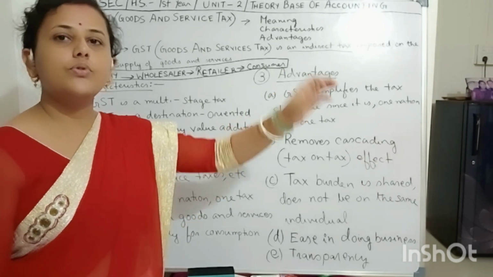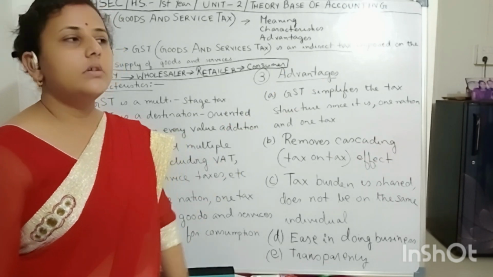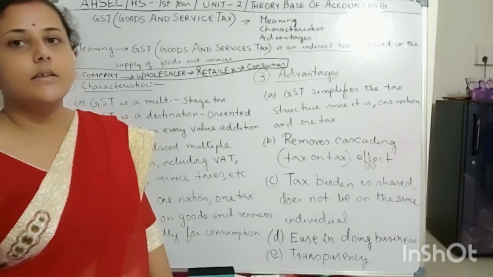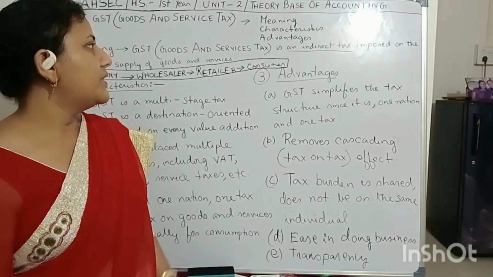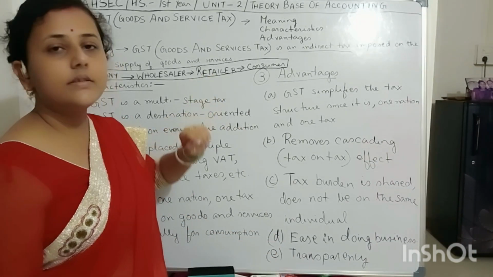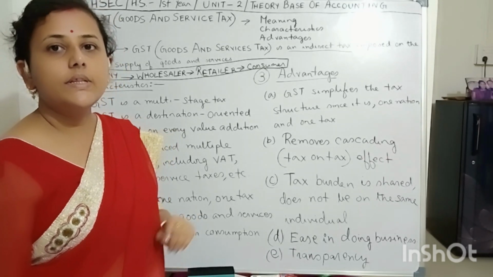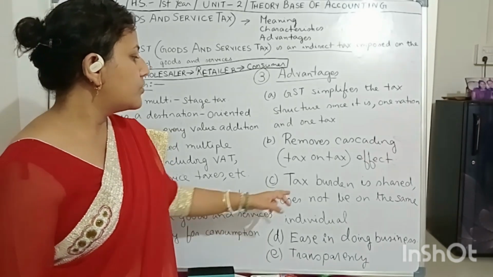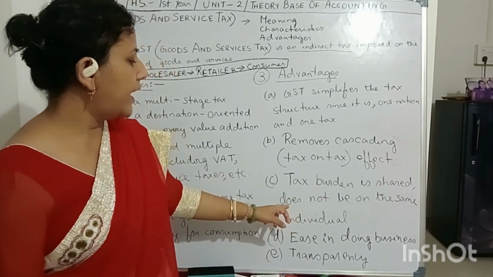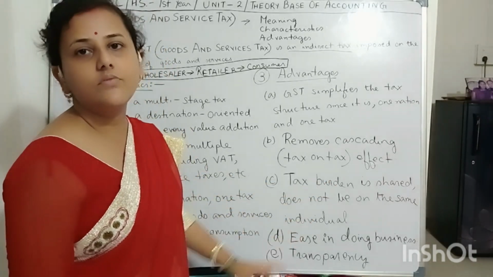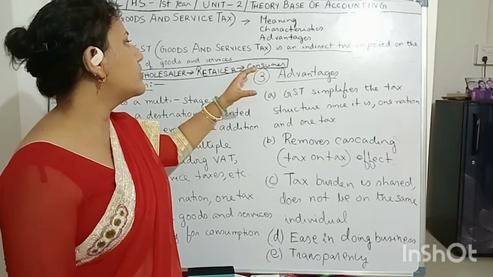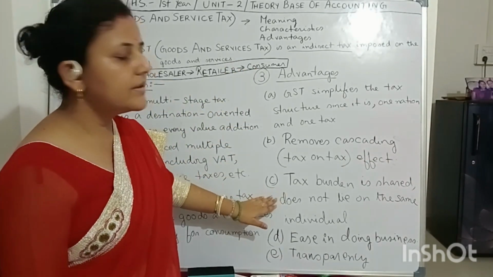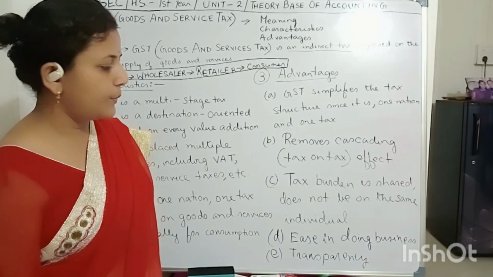So that goes to the government, whatever taxes are charged. But that system is removed. So tax burden is shared and does not lie on the same individual, that is the consumer. So that is an advantage of GST.